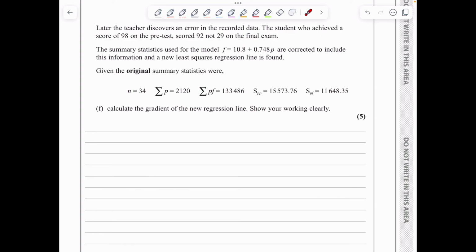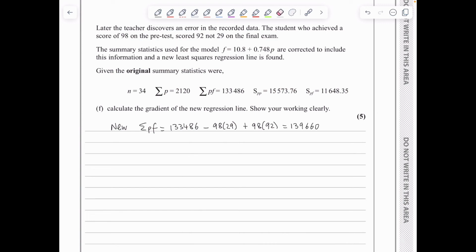I will start by finding the new sum of PF, which is the previous sum of PF, the 133,486, minus the mistake, which was the 98 times 29, plus the correct one, which is 98 times 92, and this gives an answer of 131,660.